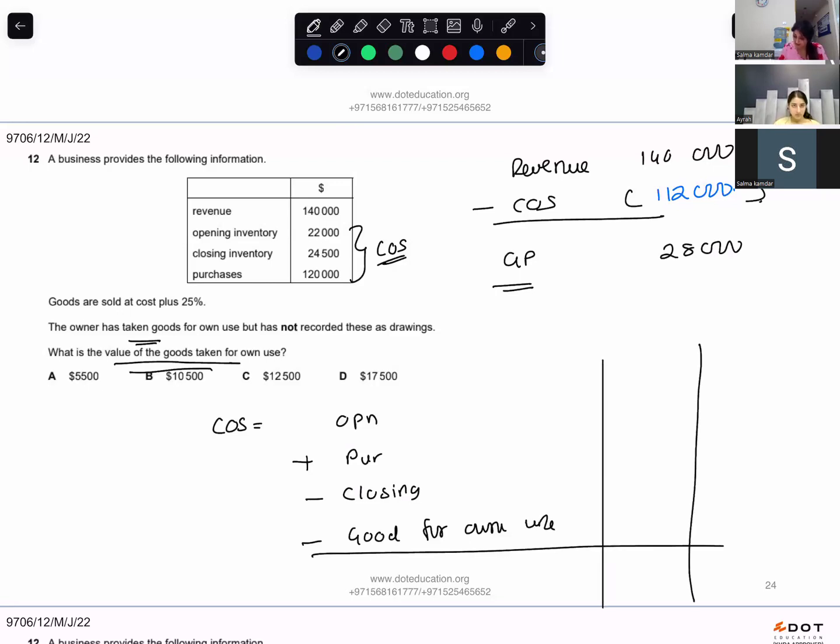So my cost of sales is 112,000. What is opening inventory? Opening inventory is 22,000. So you'll minus that. Plus purchases minus closing inventory.